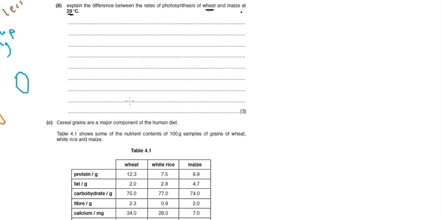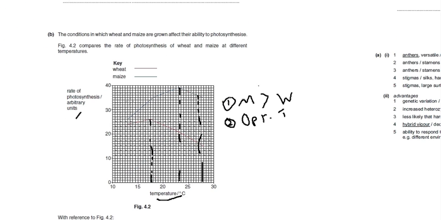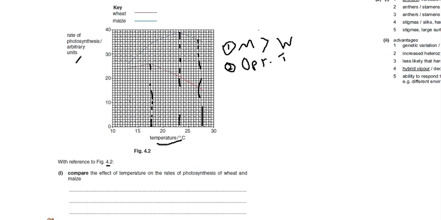So you just had to mention the same point I said: the difference here is that wheat is not a C4 plant while maize is a C4 plant, and maize is less affected by temperature increase, whereas wheat is more affected. And why is it more affected? Because there is photorespiration taking place.